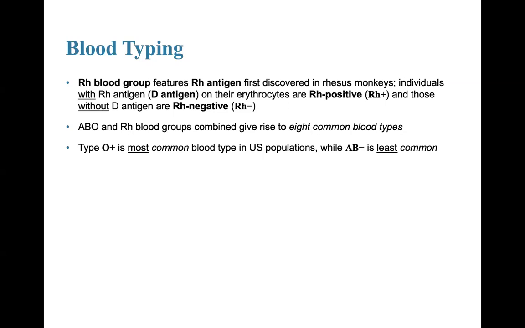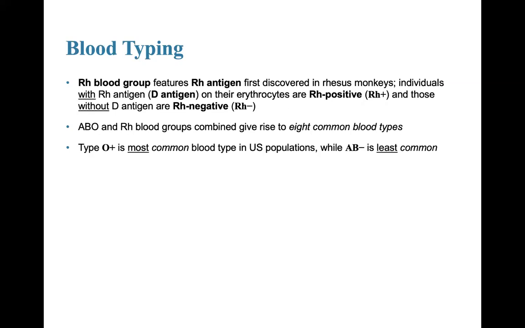This is typically an issue for Rh negative mothers who end up having a baby, or fetus, that is Rh positive. What happens is during the first pregnancy, if the mother has Rh negative blood and she has an Rh positive fetus, she's exposed to that Rh positive, which means that she will develop antibodies.